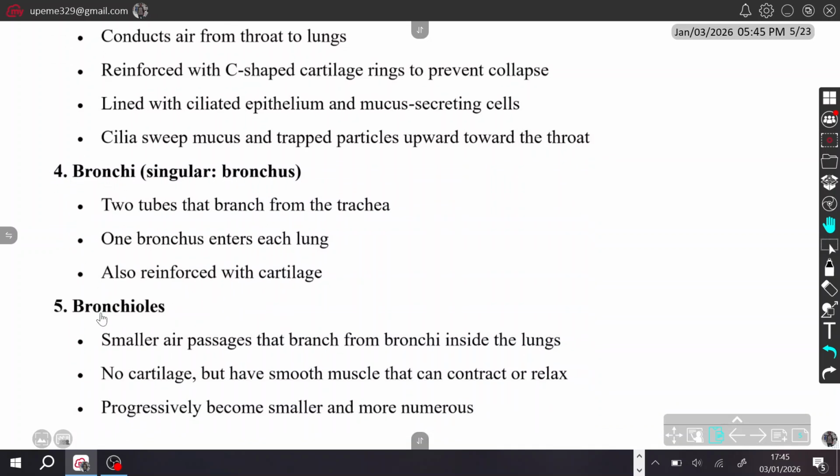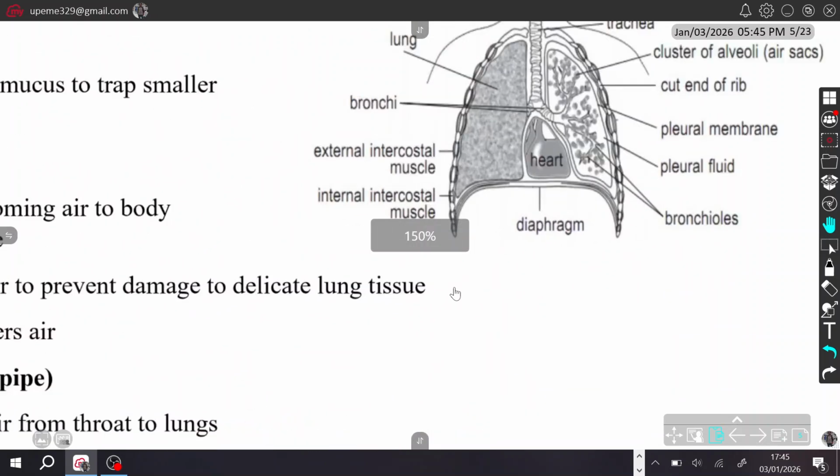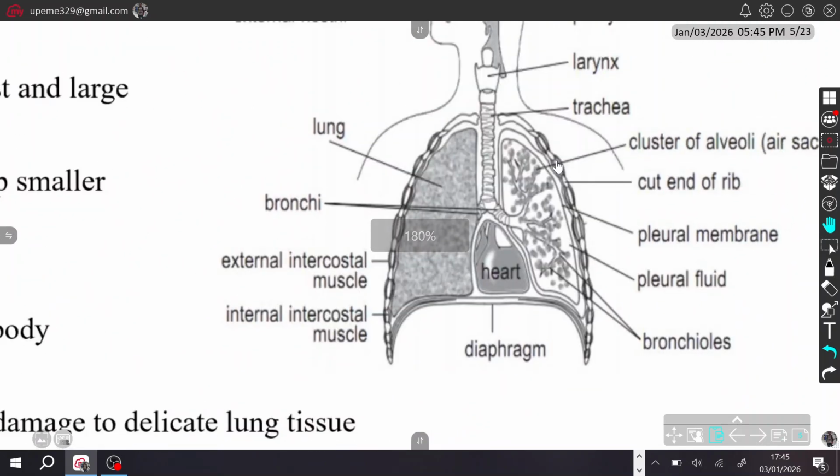Then from the bronchi we have the bronchioles. So these are smaller air passages that branch from the bronchi inside the lungs. So after the trachea we now have these bronchi.